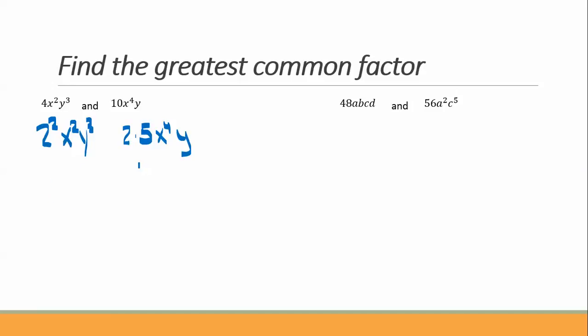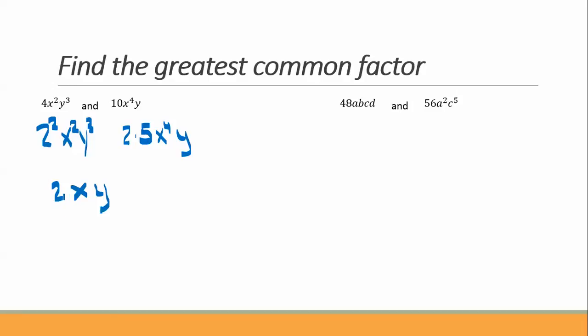So we want everything that's in both of them. Let's look at our bases first. There's a 2 in both, and there's an x in both, and there's a y in both. There's no 5 in this one, so 5 is not going to be in our greatest common factor.